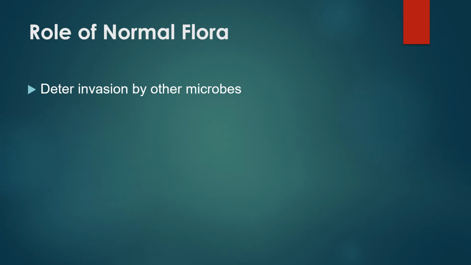In the same way, our normal flora is going to occupy a particular cavity in the body, let's say the GI tract, and they will prevent or deter other microbes that could likely be pathogenic from coming in and taking up room in that area. Obviously, if your normal flora gets disrupted or displaced, then that will create room for other microbes that could be pathogenic to take up space in there.